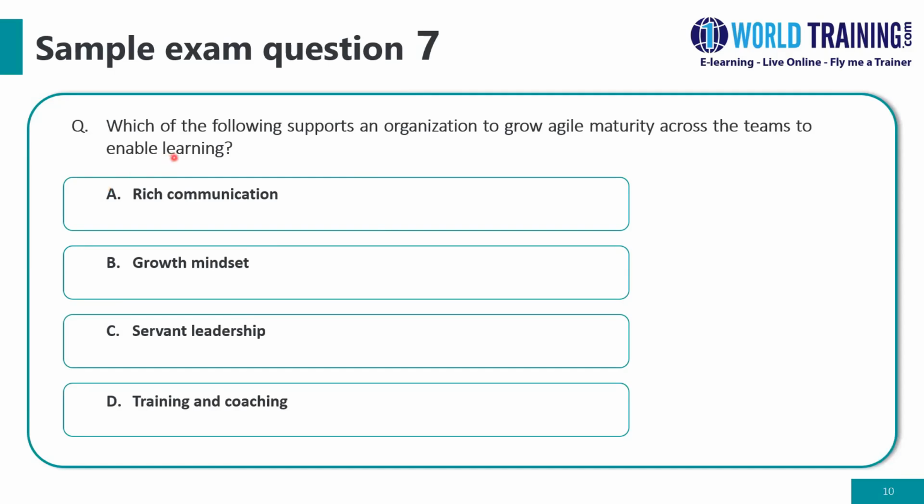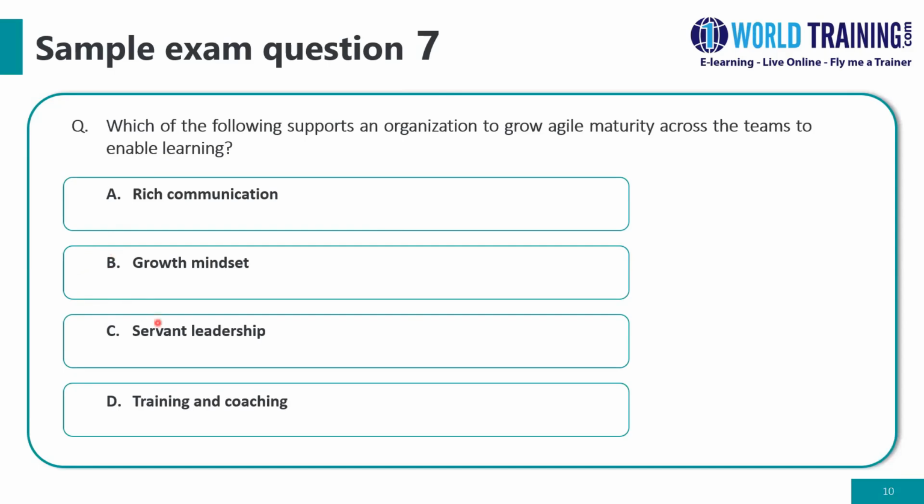So since this is about enabling learning, you might have thought about 2 options possibly, such as B, growth mindset, or D, training and coaching. So yeah, it's one of them. It's not rich communication, doesn't gel well with the question, and servant leadership as well doesn't go well. So it's possibly B or D.